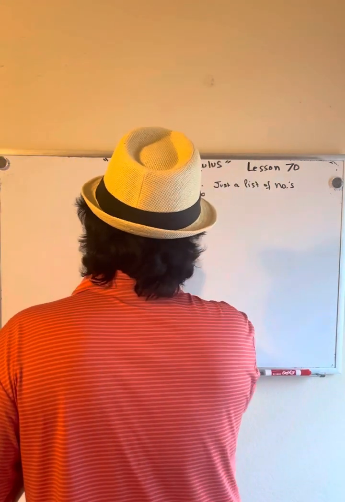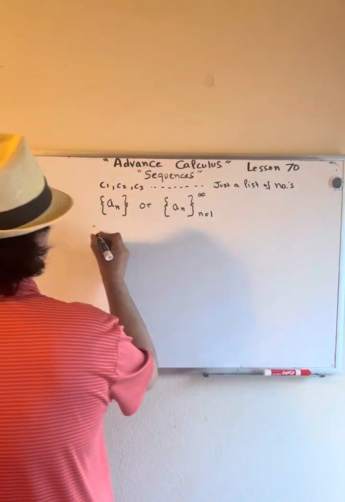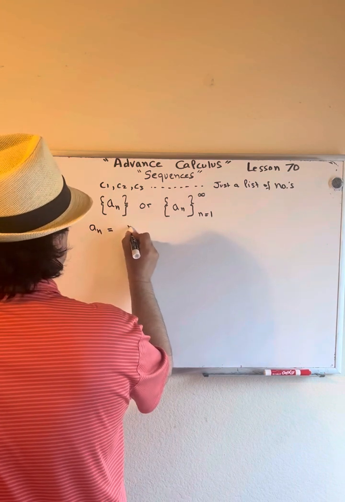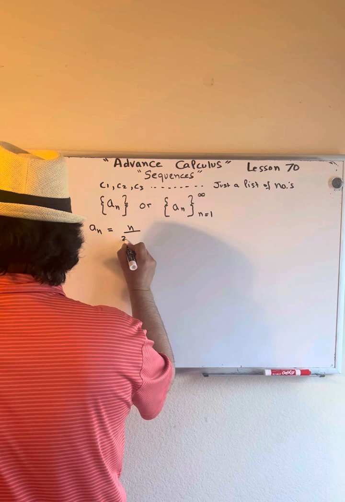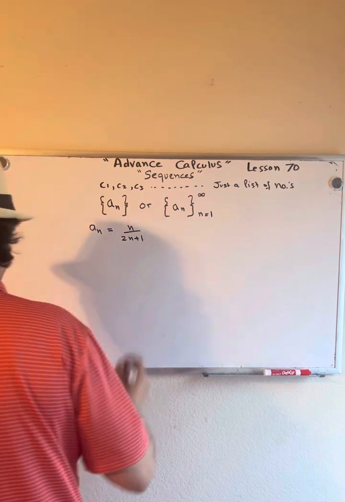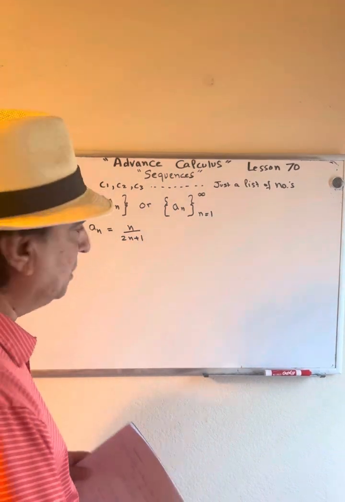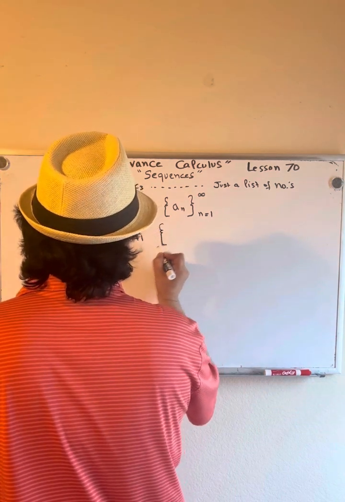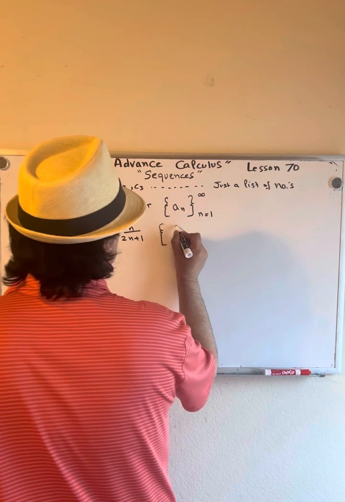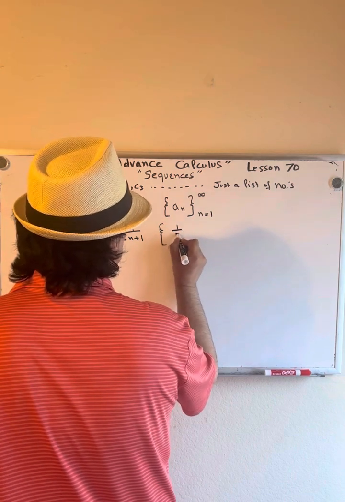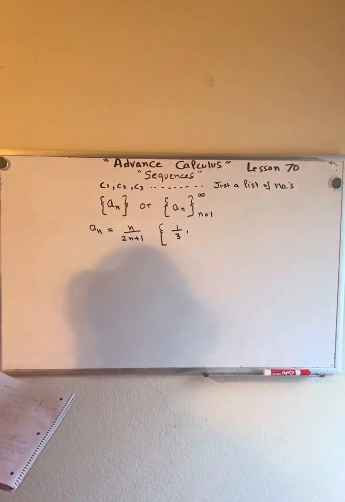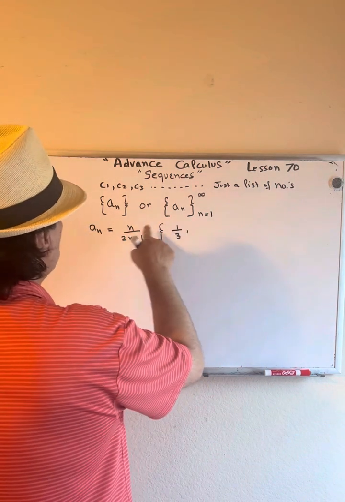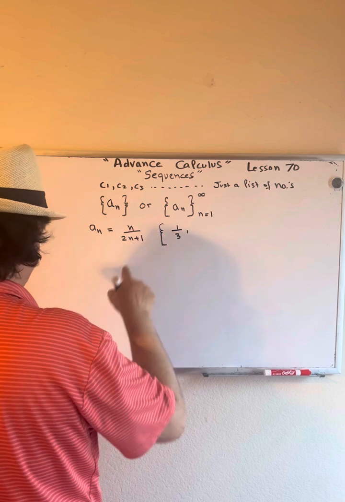We have a problem which says a_n is equal to n over 2n plus 1, and you've been asked to find the elements or the terms. So put the curly bracket right here. When n is equal to 1, this is going to be 1 over 3, right? Because 2 times 1 plus 1 is 3.